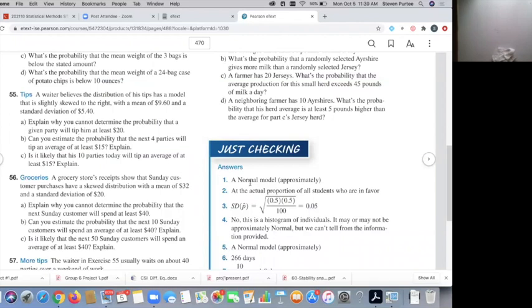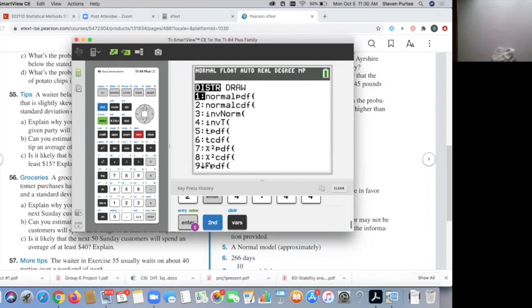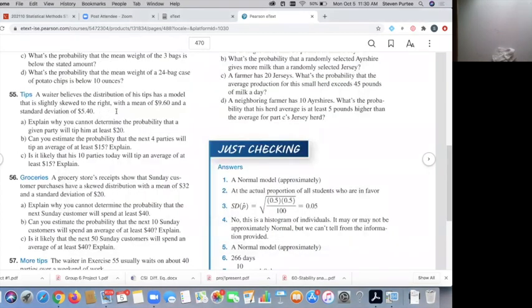If we look at the calculator, under distributions, there's no waiter tip button. We've been using number 2, normal distributions. I can't use that one in this problem because he's not normal. He's slightly skewed. If it said normal, then I could make predictions about individuals.